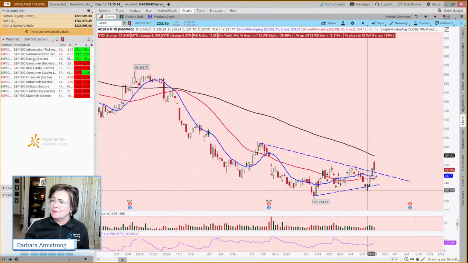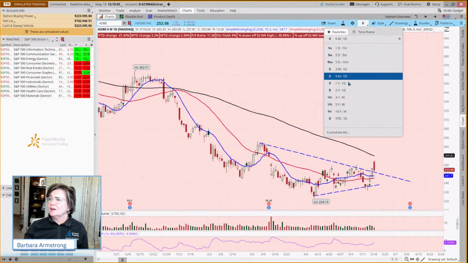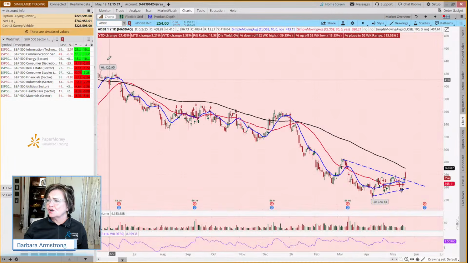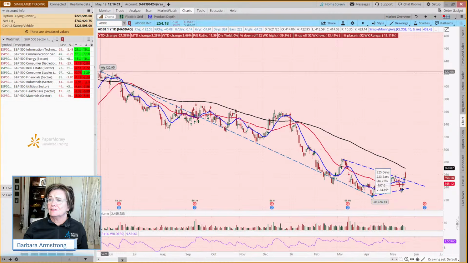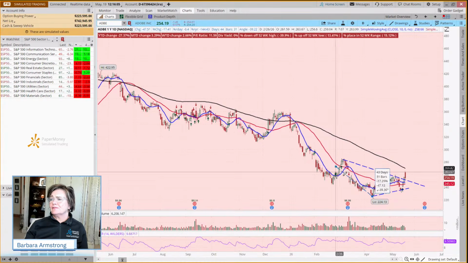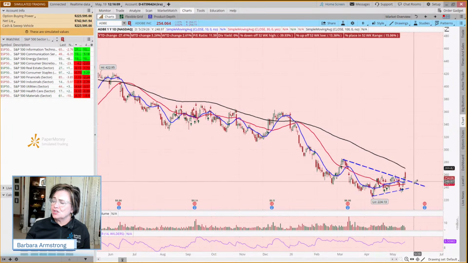But the jury's still out, because if this is our diagonal resistance line and it's been falling, and this is just a 6-month chart, if we go out a little further to a 1-year chart, it's fallen by almost 50%. From here to here, that's a 47% drop. So you want some confirmation that if this breaks out, it's truly a breakout and not a fake out.